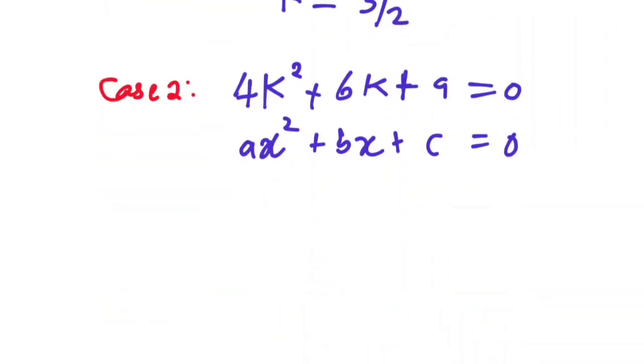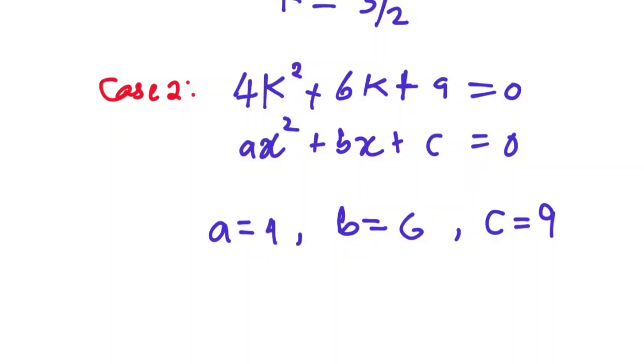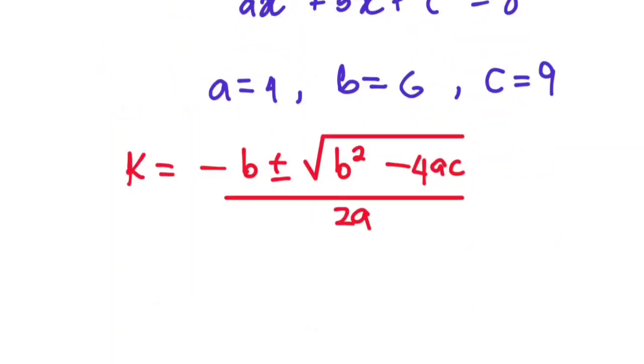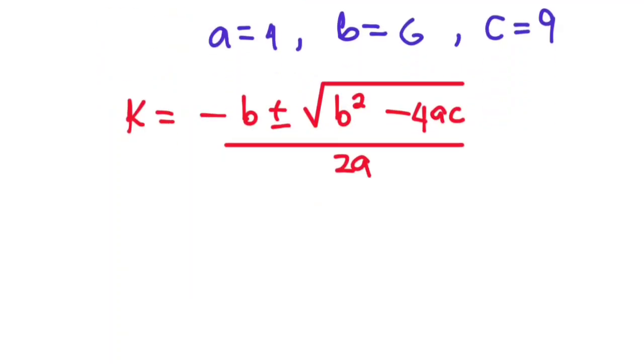So we can deduce that a equals 4, b equals 6, and c equals 9. So we are going to use the quadratic formula, which states k equals minus b plus or minus the square root of b squared minus 4ac, all over 2a.